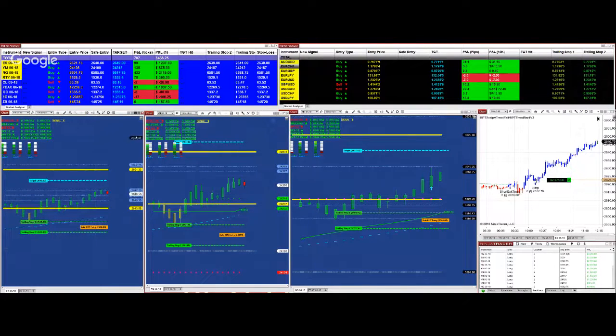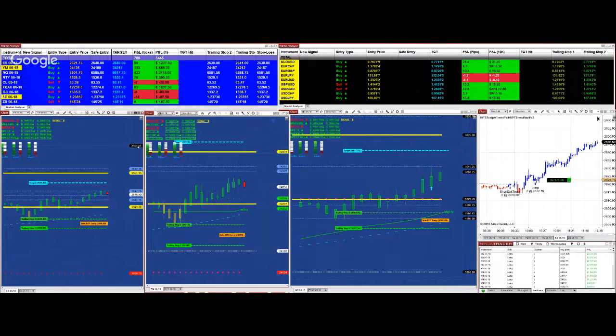But it's not that far from the target. Right now we are at 800 ticks based on one contract on this system.